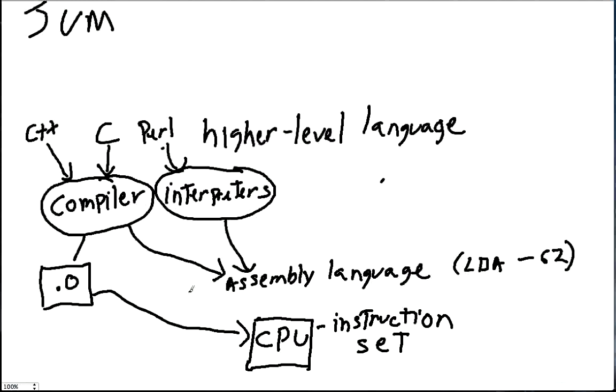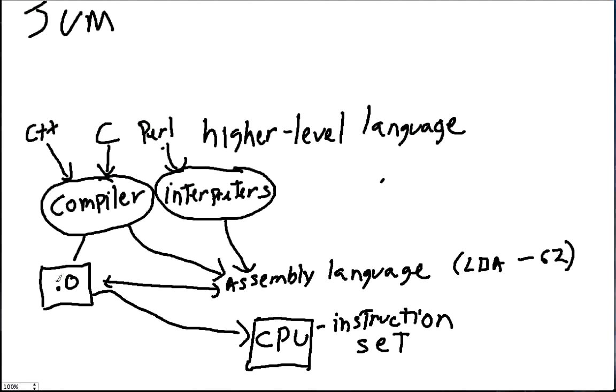This file here contains assembly language, and so the difference is a compiler: you do this step once, you get your assembly language file, and then you run this file any number of times. So you don't have to do this part. With an interpreted language, you take the file, you turn it into assembly code, and you run it, but you never create this file. So next time you run the same program, you're again going to have to turn the Perl file into assembly language.